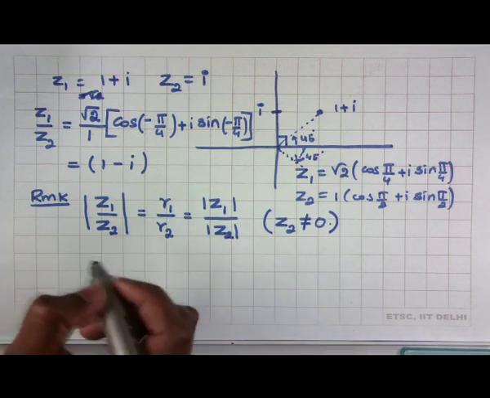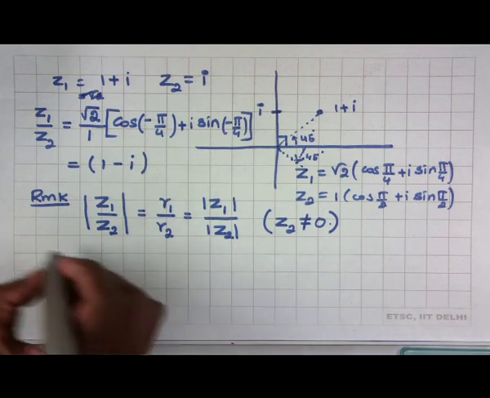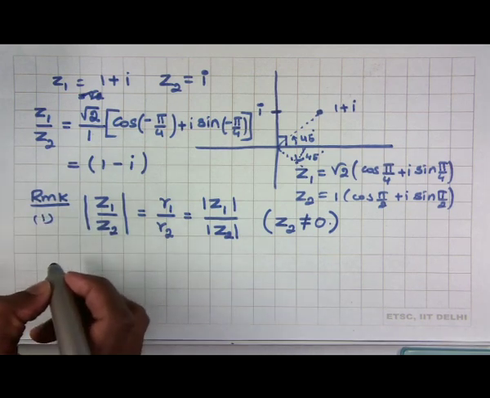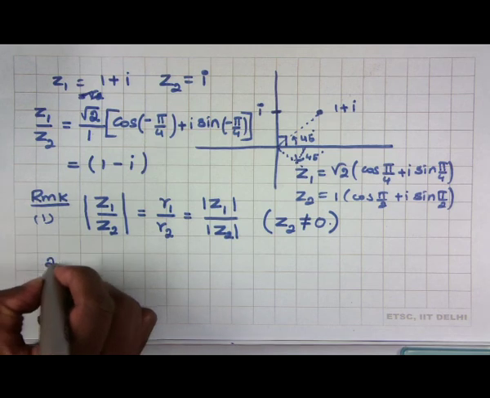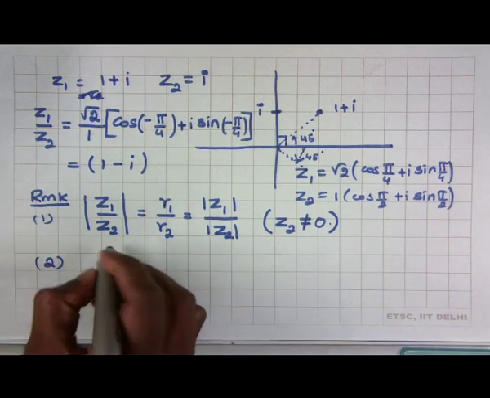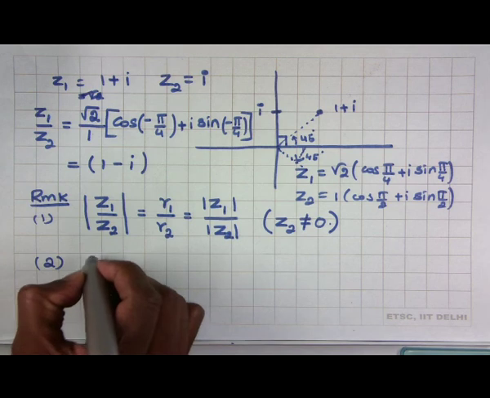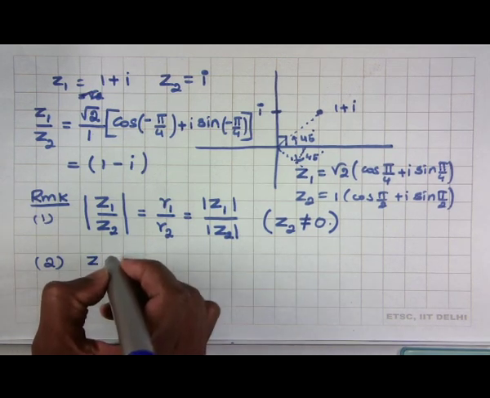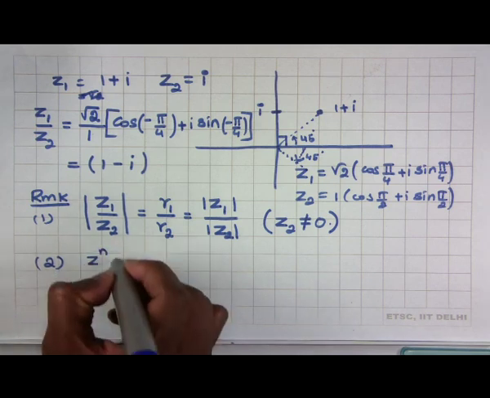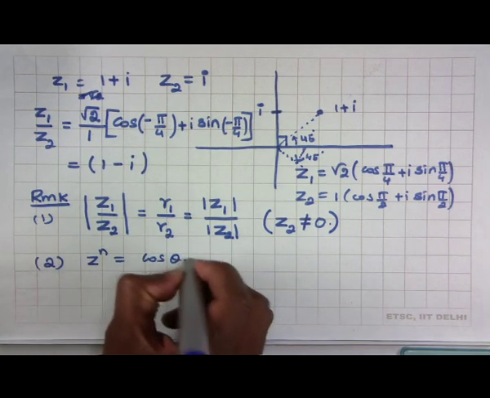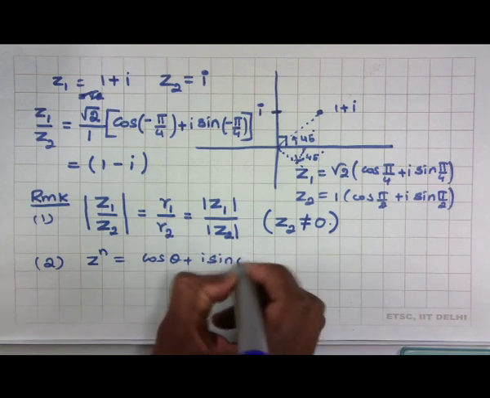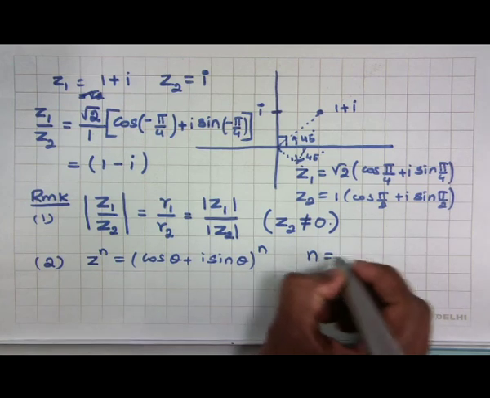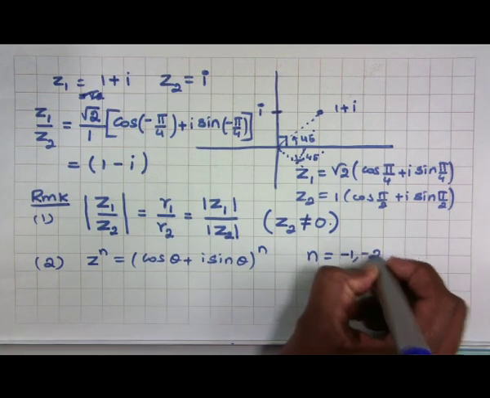And one more remark, which extends De Moivre's formula. So, when we are considering z power n, we are going to see cos theta plus I sin theta, with n being minus 1, minus 2.